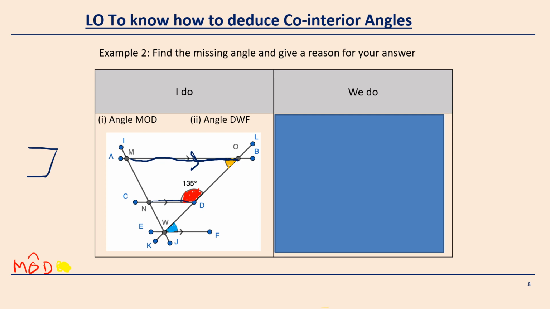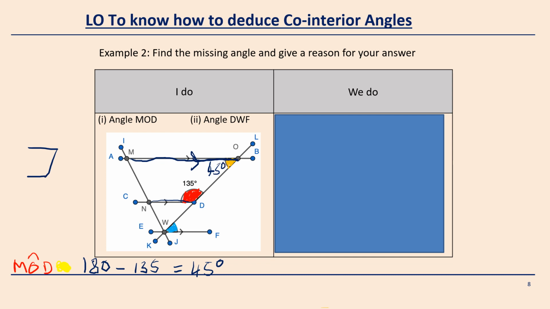So what do we know? We know these angles add up to 180, so it equals 180 take away 135, which equals 45 degrees. So that's 45 degrees.